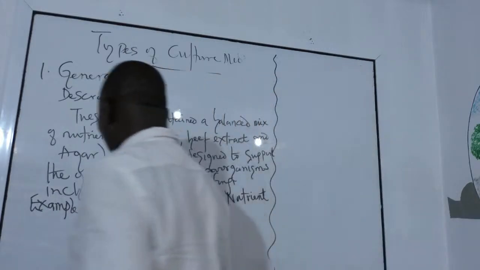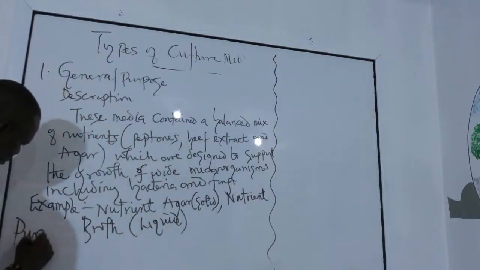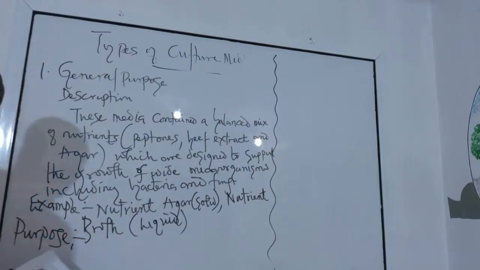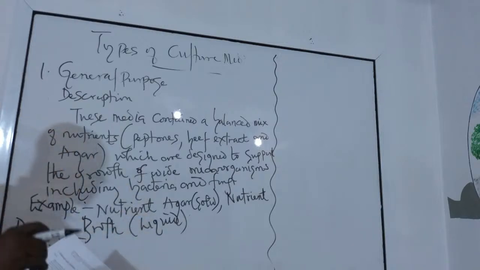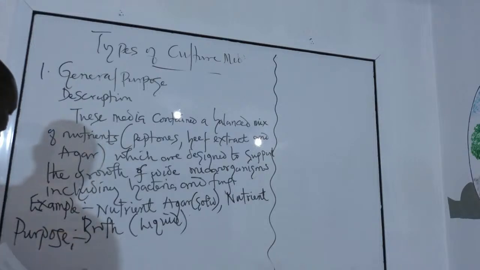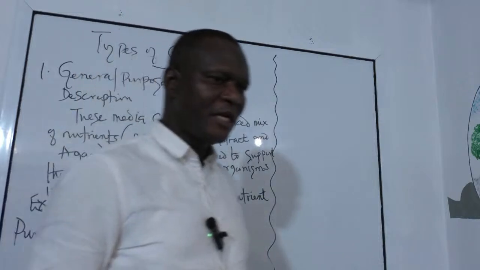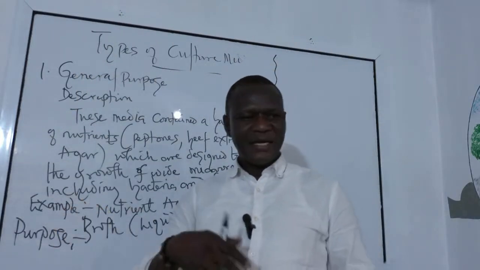So now, why do people prefer nutrient agar? I've given you that one of the first reasons why we prefer using nutrient agar is just because we don't want to be specific. We are not so interested in identification.